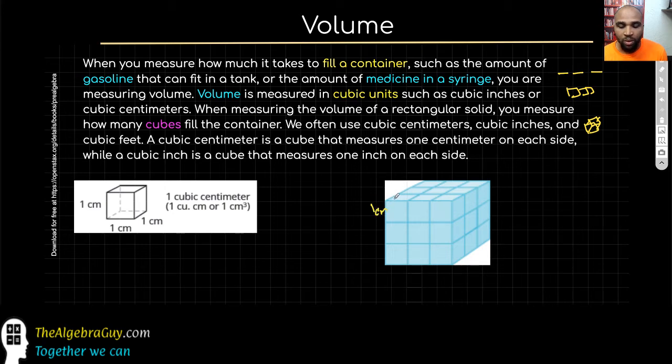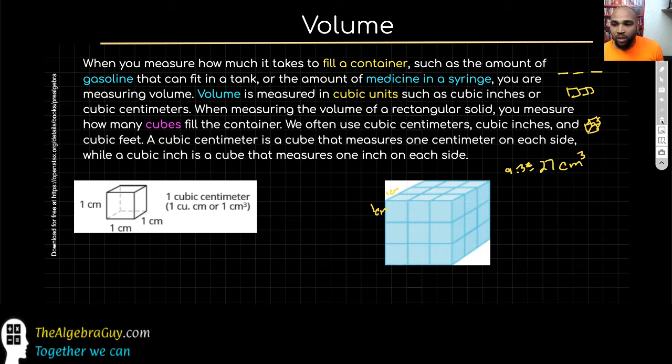If it's a 1 by 1 by 1, what would be the volume? Well, how many cubes are there? So I know there's 9 on top and there's 3 layers. So that would be 9 times 3, which is 27. But I'm going to make sure I put the right units because I'm measuring in centimeters. So I say 27 centimeters cubed.